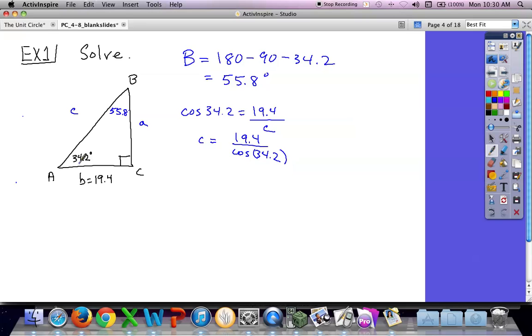No. What the side is has nothing to do with it. It's the angle. What's the units of the angle? Degrees. Need to be in degrees. So it looks like 23.5. All right, so that's going to be our C.